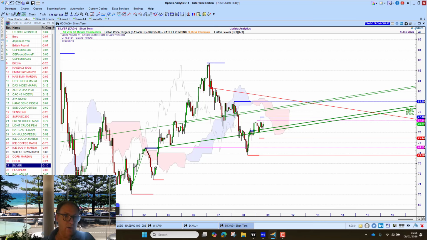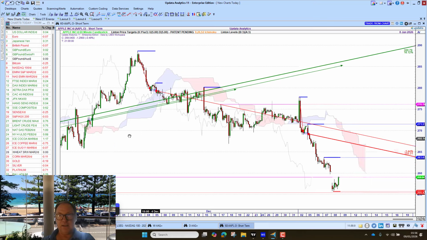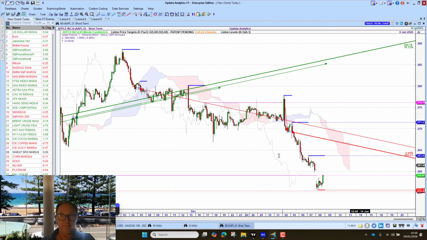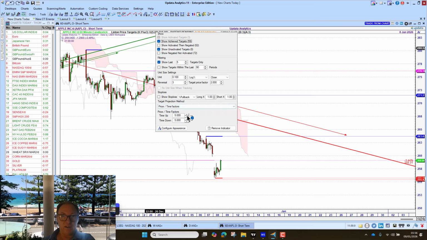Taking a look at just the bellwethers, the Mag 7, Apple, we can see here downside targets were given and pretty much met much more quickly. We can adjust that target factor, of course, to nearer 2, which is what we tend to use.